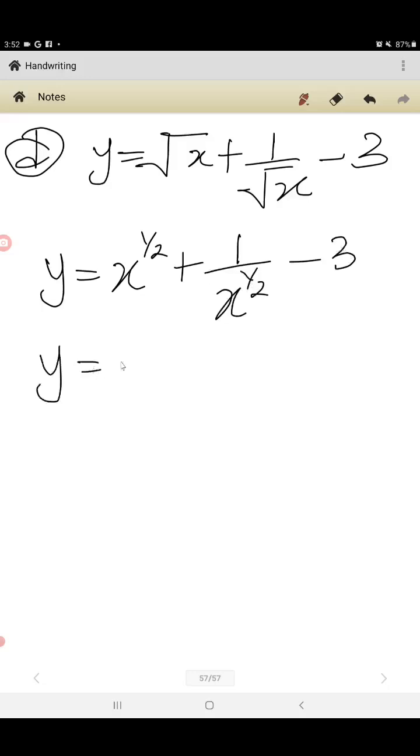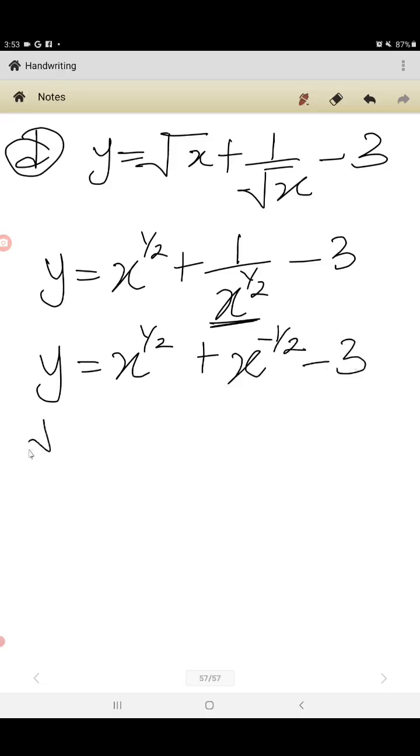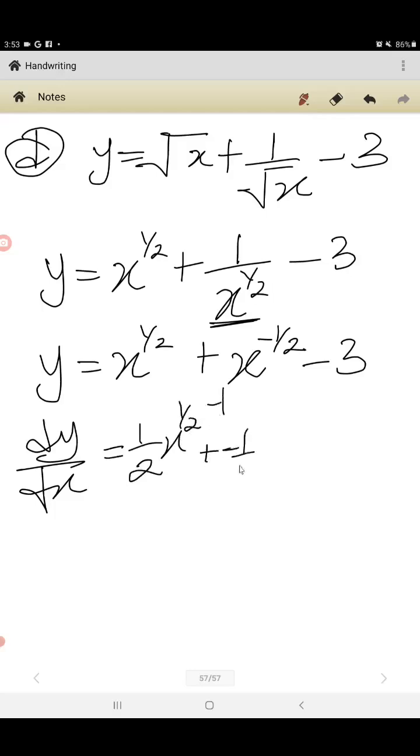By the time you apply the law of indices, we have x to the power minus half minus 3. Now let's differentiate y with respect to x, which gives half times x to the half minus 1 plus minus half times x to the minus half minus 1. This is a constant, it just gives you 0.